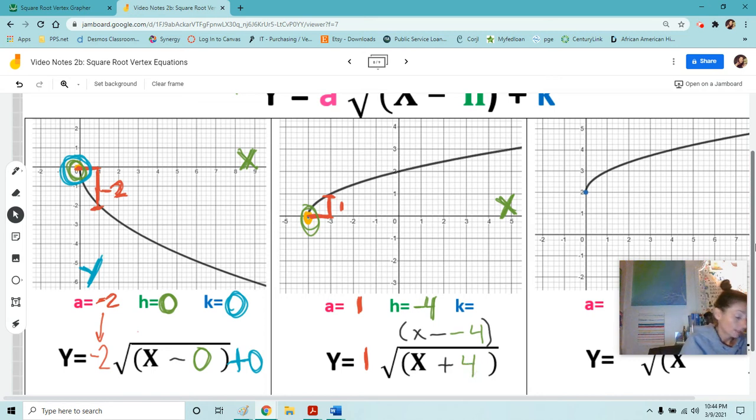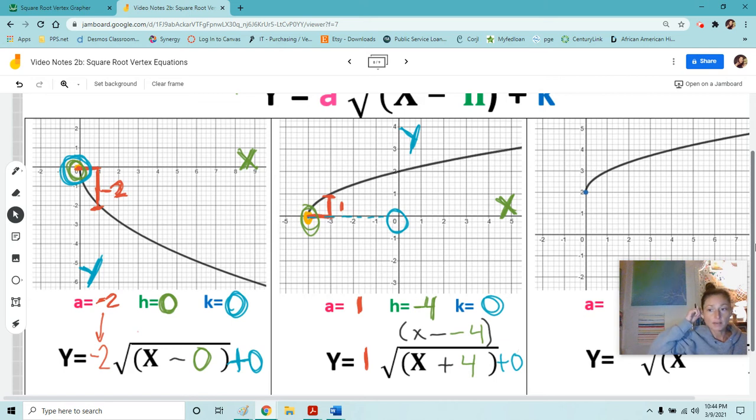And then lastly, we have the k value. That matches up with our y-axis. So I'm going to look, see where that is on the y-axis. That's at 0. So then that completes that equation.